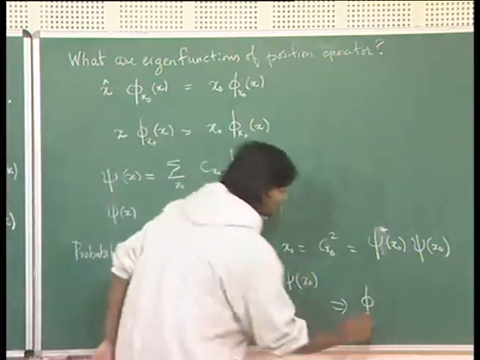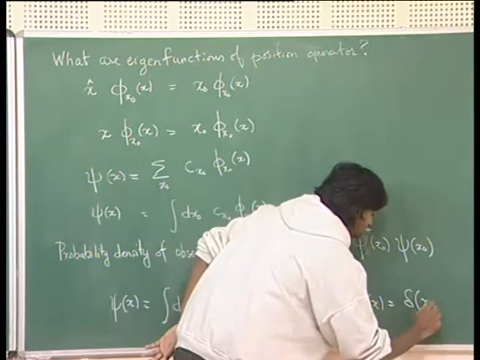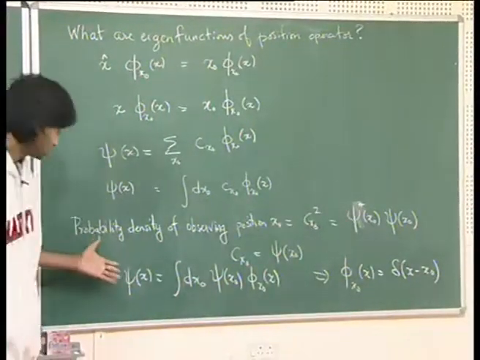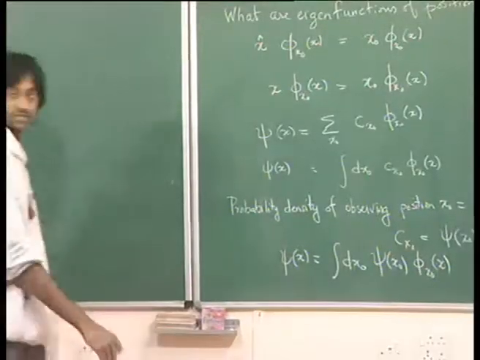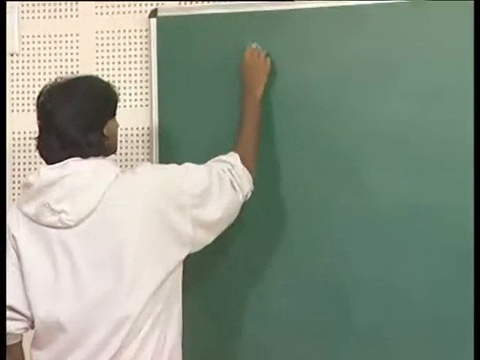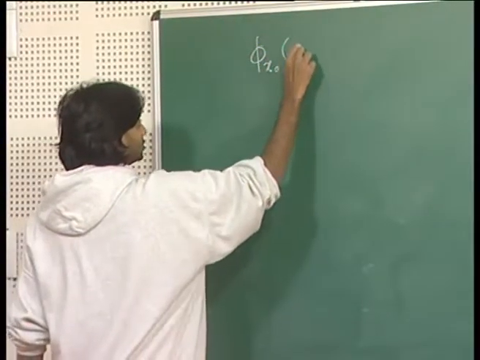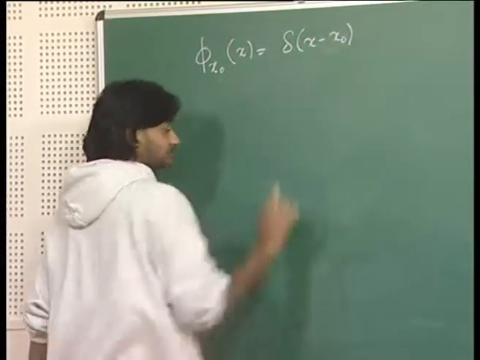So, that means phi x0 of x is equal to delta x minus x0. So, what we have concluded is that the basis functions of the position operator with eigenvalue x0 are just delta functions of x minus x0.